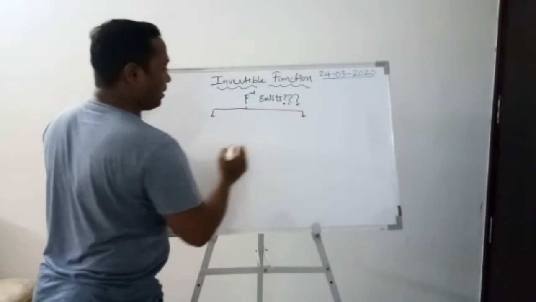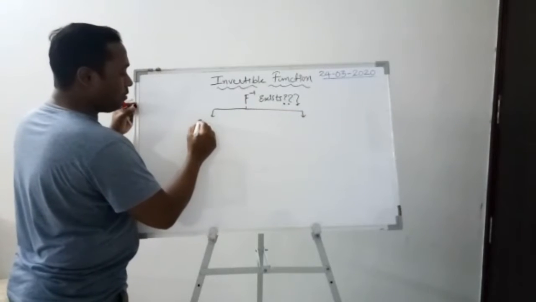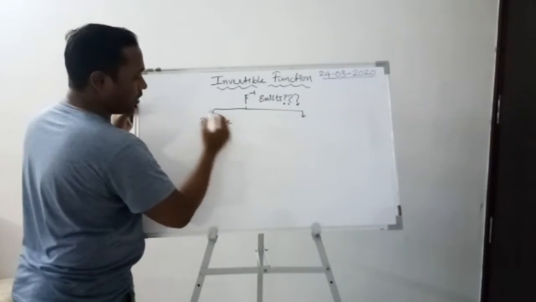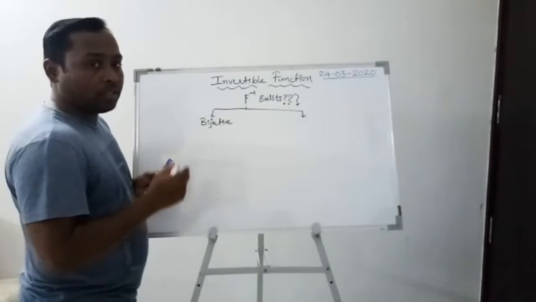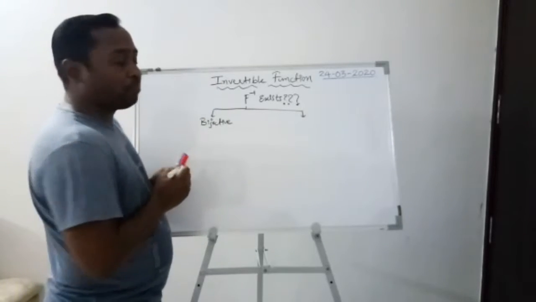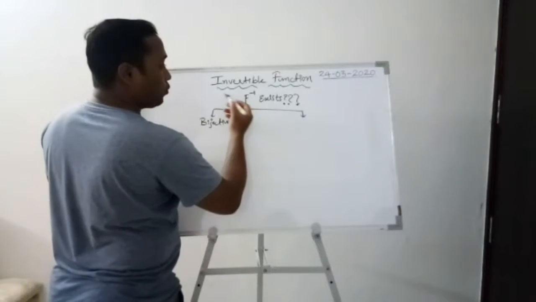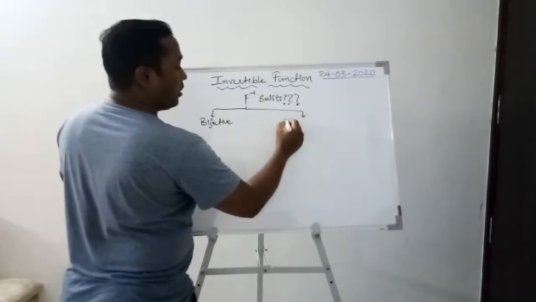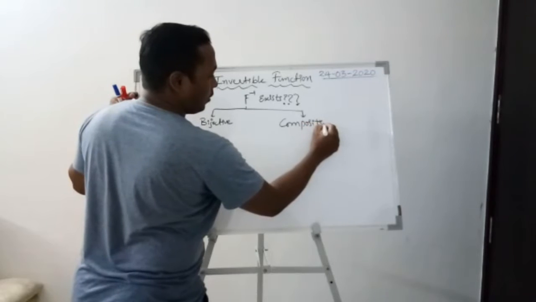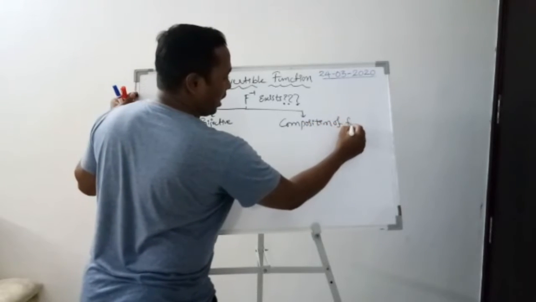The first method is to check whether the function is bijective or not. If it is bijective, then we can say the given function is invertible. The other way to say the same thing is by using the language of composition of functions.